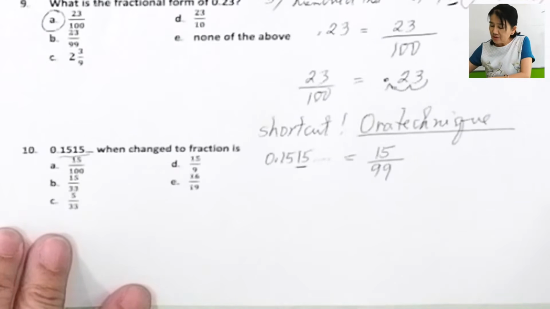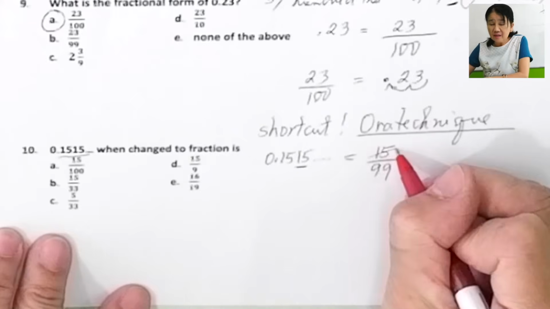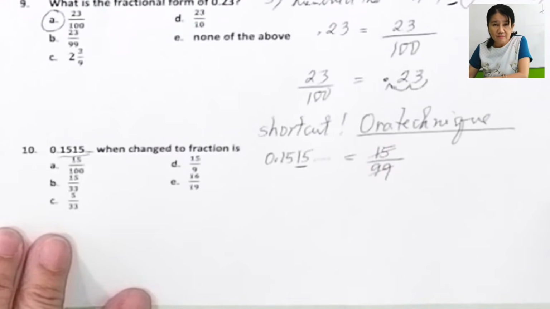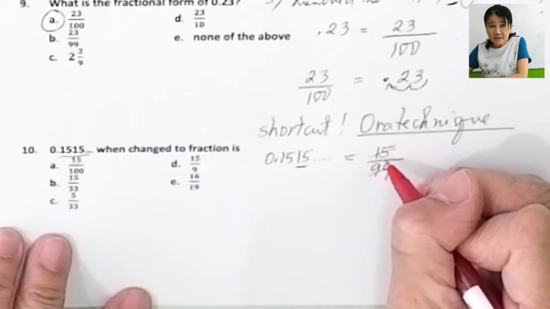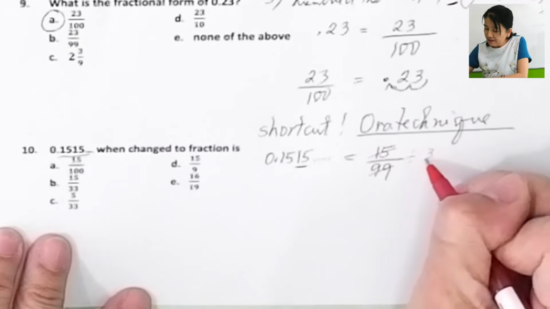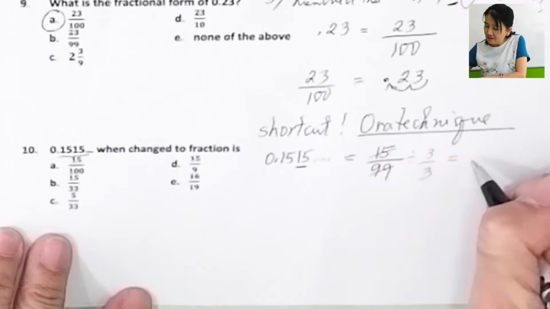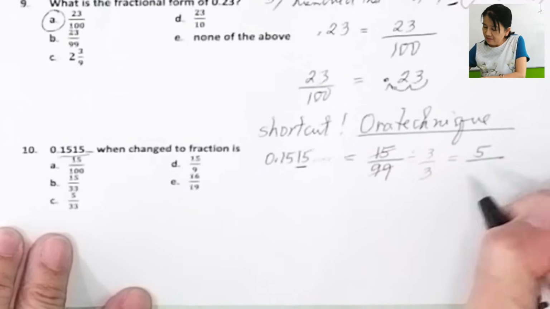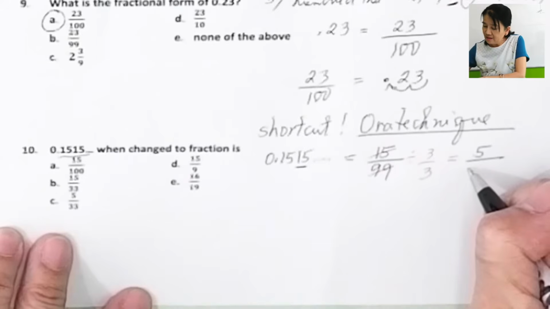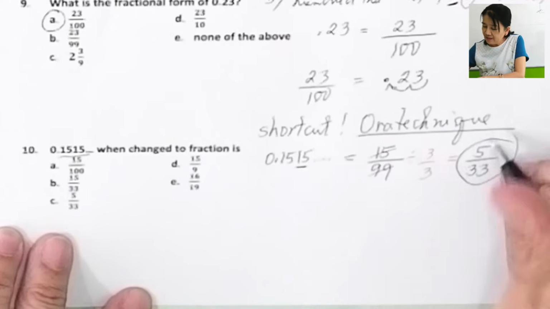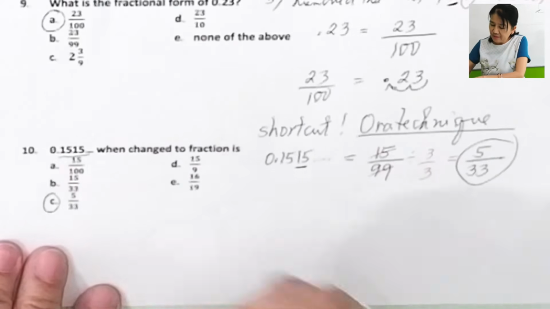But wait, there's more. 15 and 99 are both divisible by 3. So 15 divided by 3 is 5. 99 divided by 3 is 33. Final answer, 5 over 33.